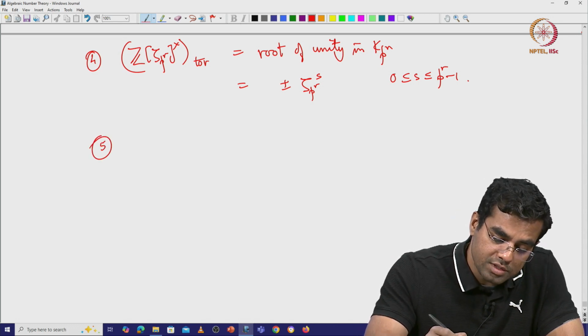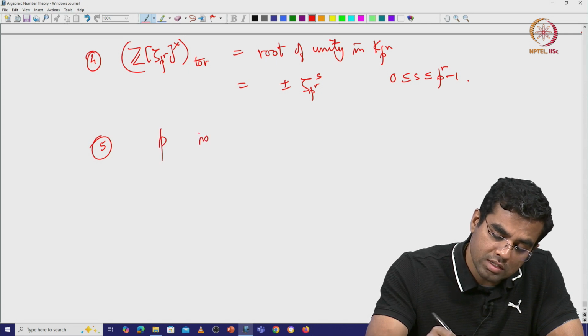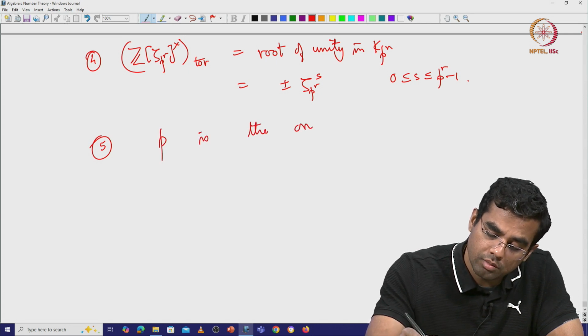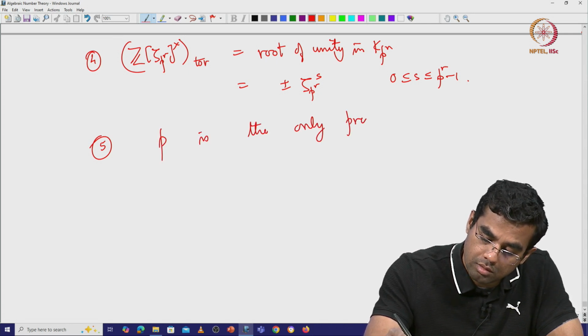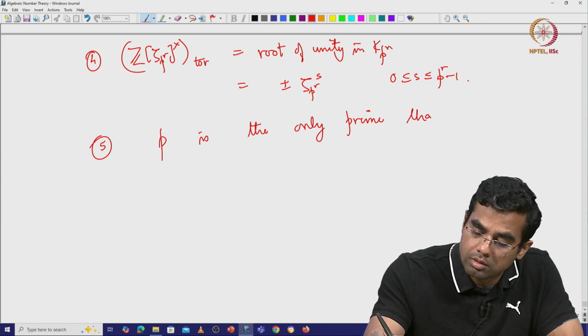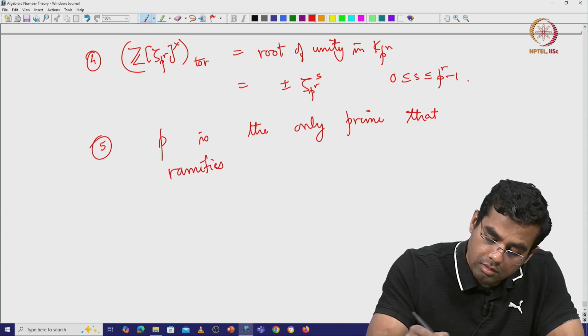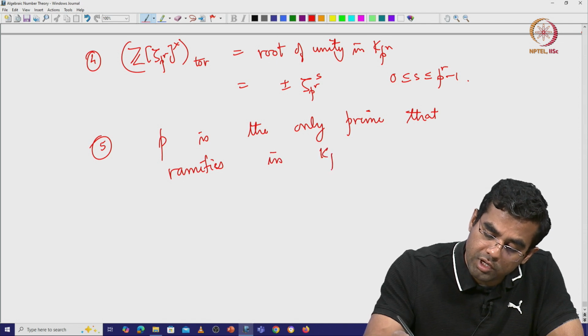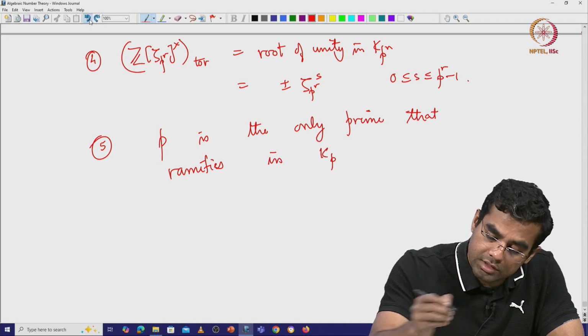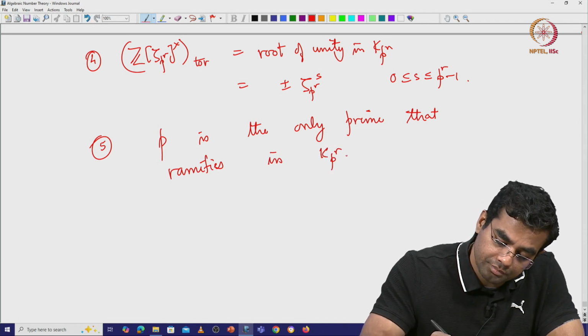What about primes that ramify? So, p is the only prime that ramifies in K_{p^r}, and in fact it is totally ramified.